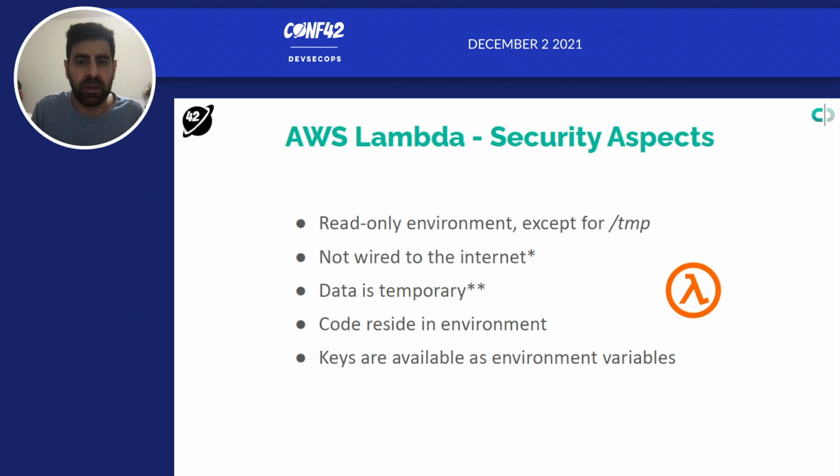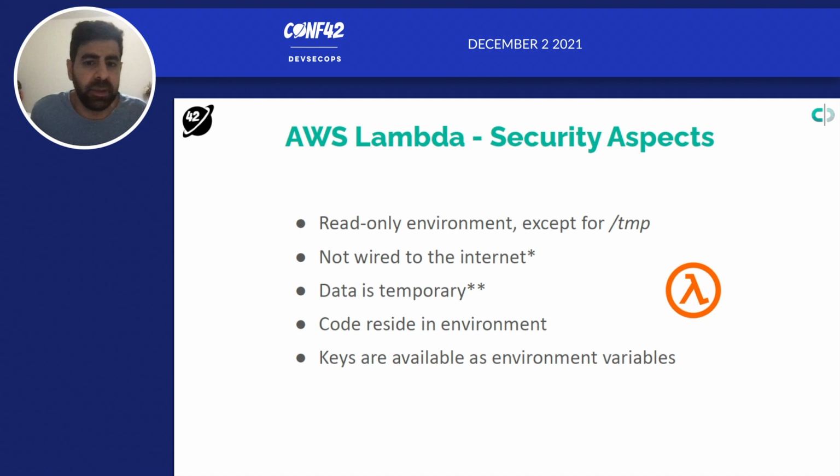There could be even dozens or even hundreds at the same time. Randomly, the cloud provider will take a runtime environment that already ran because it's up and just give it to the next incoming event. That means that the data that was there before, if it was not deleted by you, by the code, is still there. And if you have some security issues in your code, someone can even access this data and exfiltrate it.